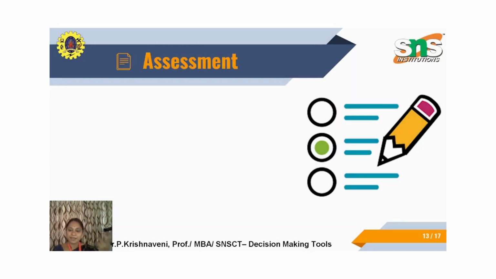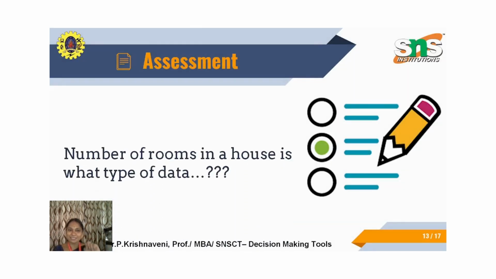Now we will have a small assessment. The number of rooms in a house is what type of data? Yes, it's numerical data: 1, 2, 3, 4, 5. This would be our answer, in terms of numbers.